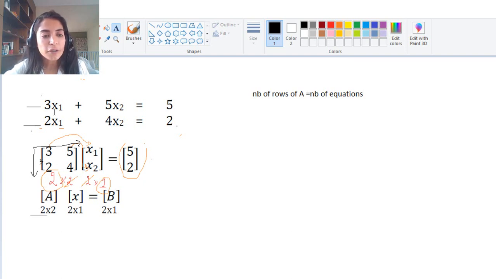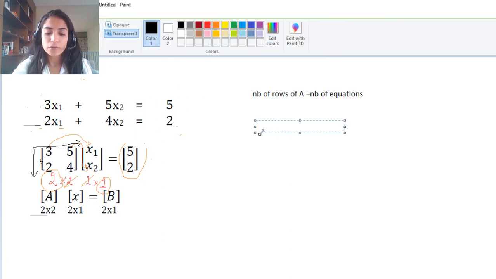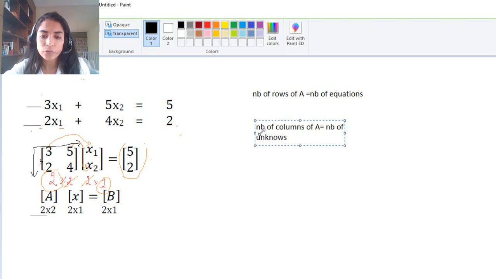They are coming from the number of unknowns. So since I only have two unknowns here, I only have two columns. If I have a third coefficient here plus a 3x3, I should have a third column. So basically, guys, the number of columns of A is equal to the number of unknowns.